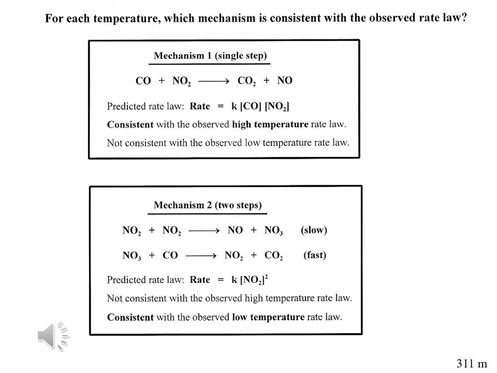The next thing you want to ask is, does it make sense? If you look at the high temperature reaction, CO and NO2 are going to be moving very, very fast, and they're going to have enough energy to just smash into each other and produce the products in one step. That makes sense.